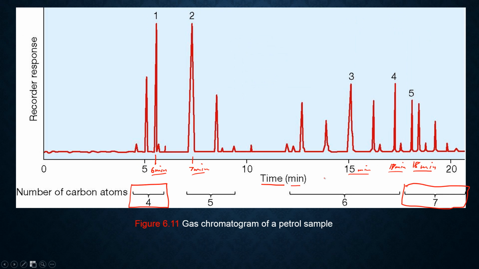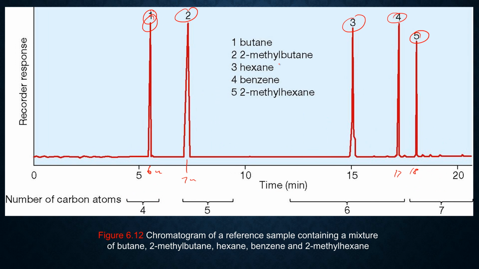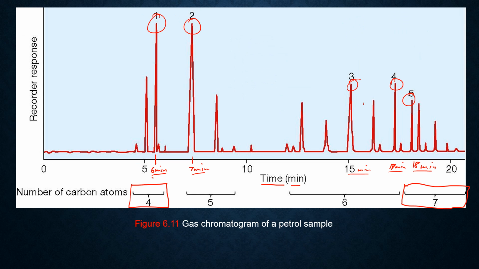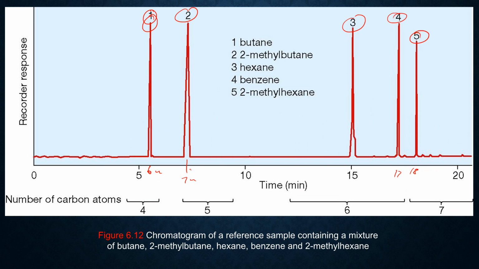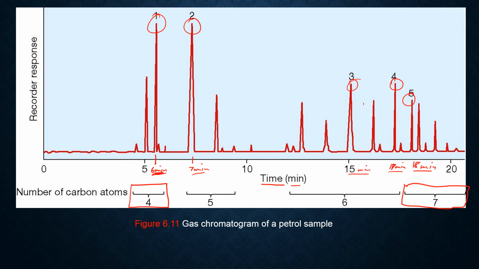So if we go back to our initial one, I could say that these peaks here are butane, 2-methylbutane, hexane, benzene, 2-methylhexane respectively, because they have the same retention time as my unknown components in my unknown sample mixture.